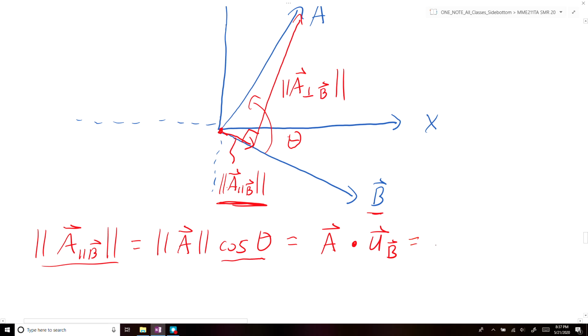It's the same thing. Again, the unit vector is just equal to vector B divided by its own magnitude.